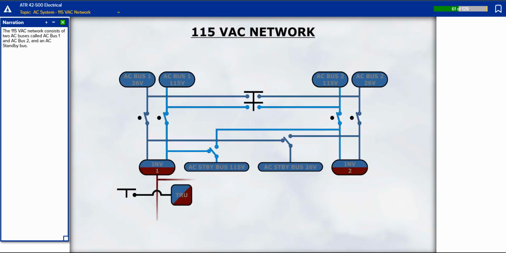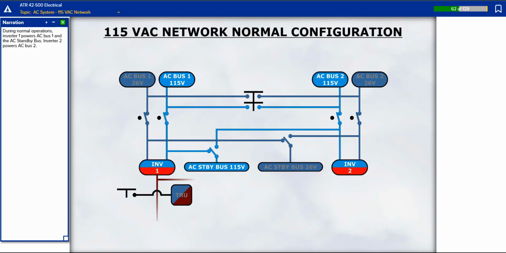The 115 volts AC network consists of two AC buses called AC Bus 1 and AC Bus 2 and an AC standby bus. During normal operations, Inverter 1 powers AC Bus 1 and the AC standby bus. Inverter 2 powers AC Bus 2.